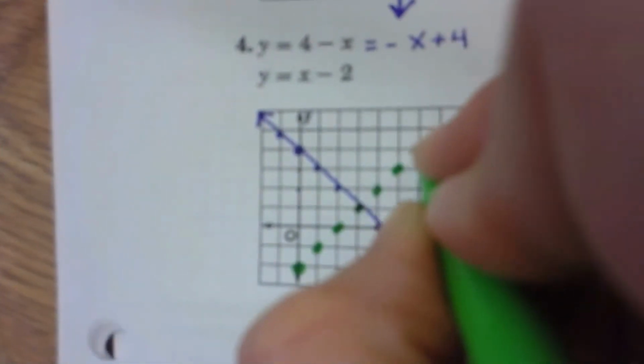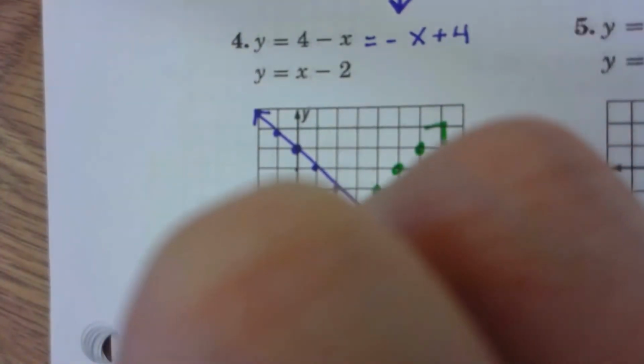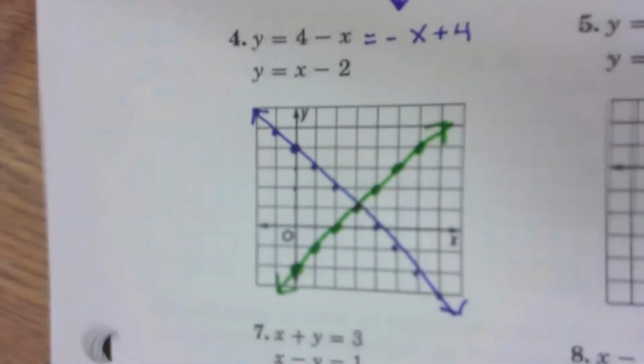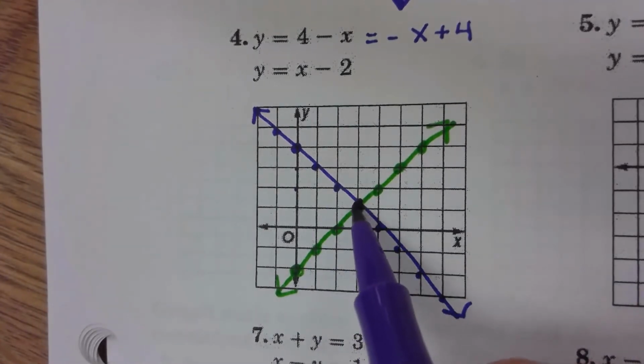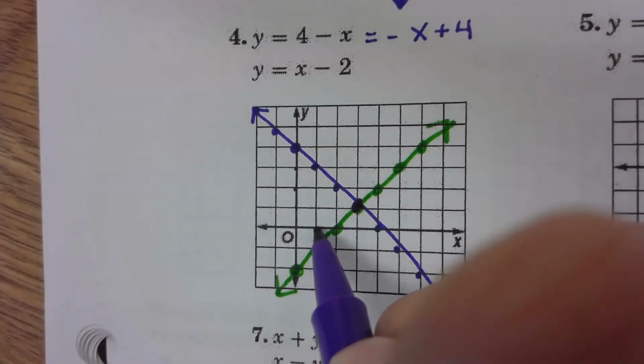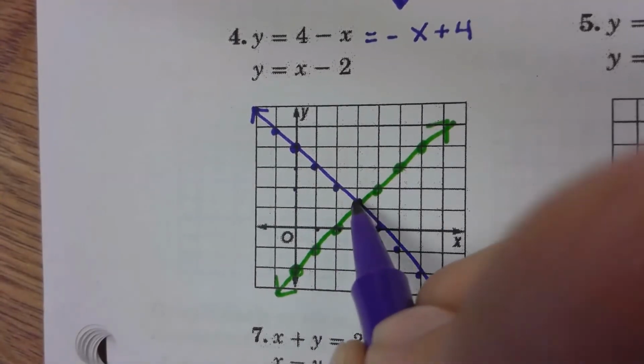And then in the second part, your y-intercept is -2. Your slope is +1, so you're going up 1, right 1, up 1, right 1. And once again, the solution is the point of intersection. So that is at 3, 1.